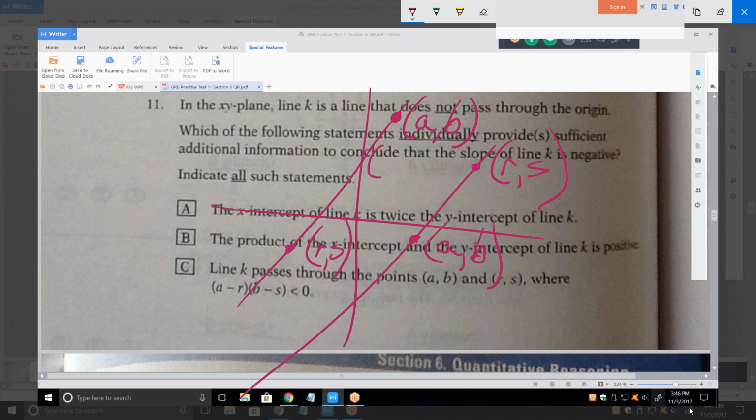Sorry, that was for C. So that's what I would do.